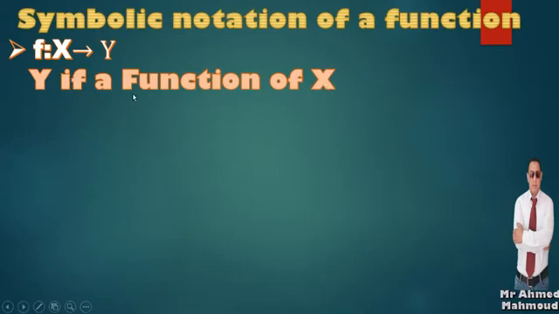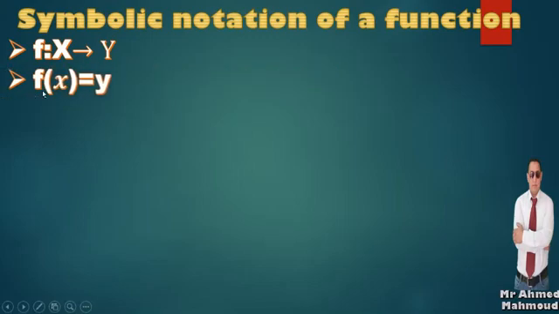Another meaning for this statement: y is the image of x. Again, y is a function of x or y is the image of x. I will replace this statement by a symbol like this: f of x equal y, or function of x equal y. y here is the codomain, and in f of x equal y, x here is the domain.